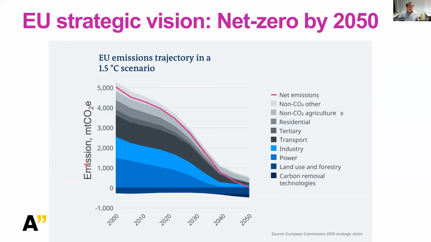If you look at the current annual CO2 emission in Europe, taking 2020 because this is actual data, we are close to 4,000 million tons per year. That is quite a lot.